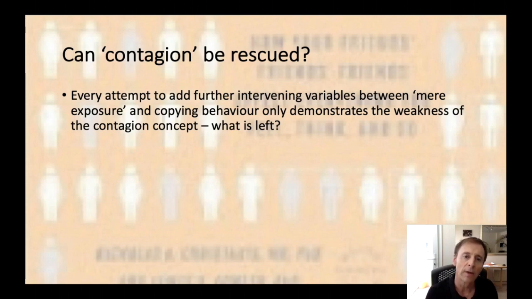And they say, well, this shows you that you can still use the concept of contagion. My answer to that is, the more of these intervening variables that you include, the more it only demonstrates the weakness of the contagion concept. Because what the contagion concept gives you is the idea that it is mere exposure that is the mechanism of spread. And the more of these you add in, the less of that key idea you've got left.